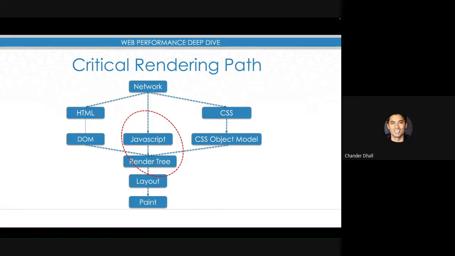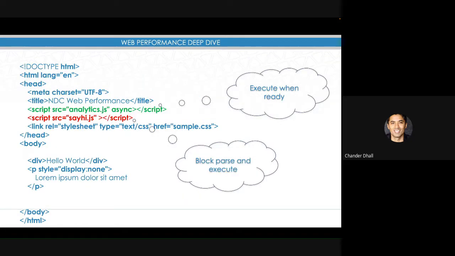The more JavaScript you use, understand, the more you are blocking, and that's sometimes good and sometimes not very good. So take an example in this case. Look at the green one, analytics.js, which is async. And what does that mean? The async will not actually block anything.